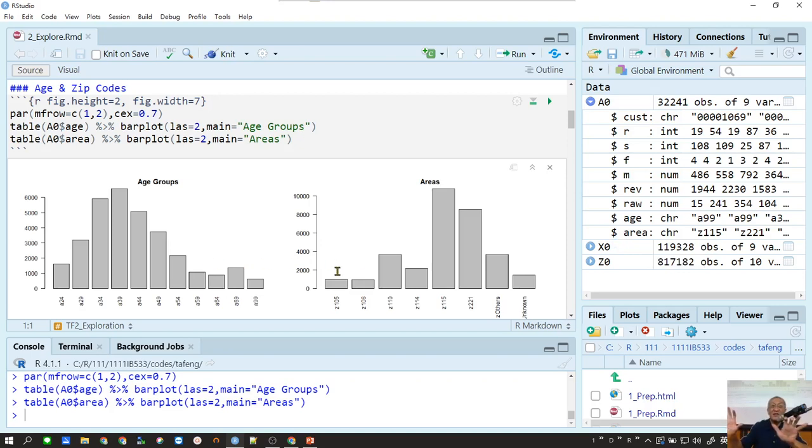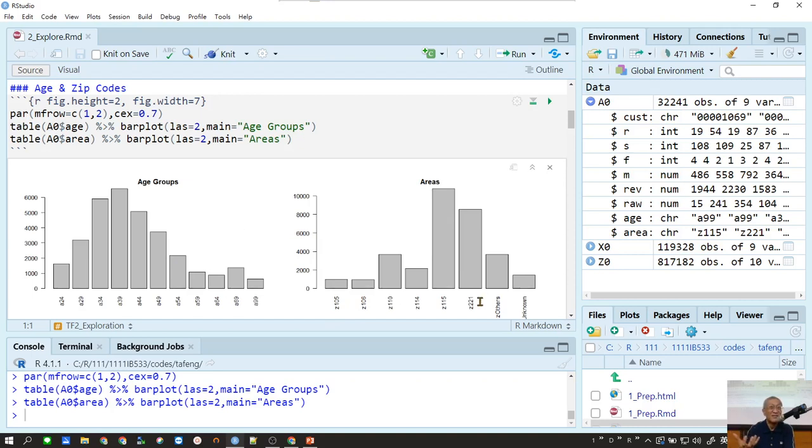If you want to understand your customer, in one way, we want to know the distribution of each of these variables, isn't it? Age and area are categorical variables. For categorical variables, usually we want to see their distribution by bar plot.